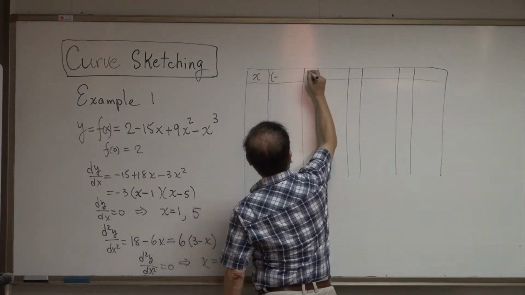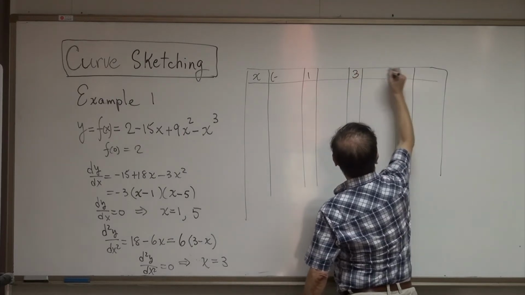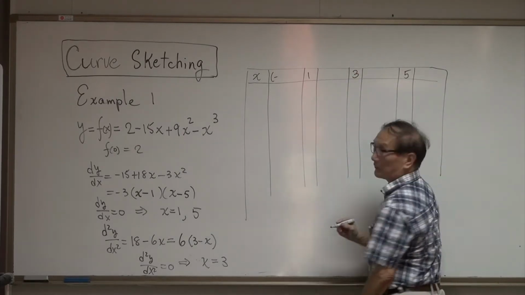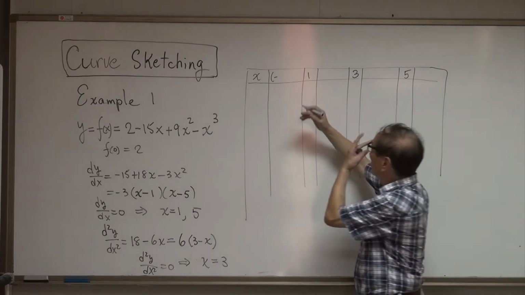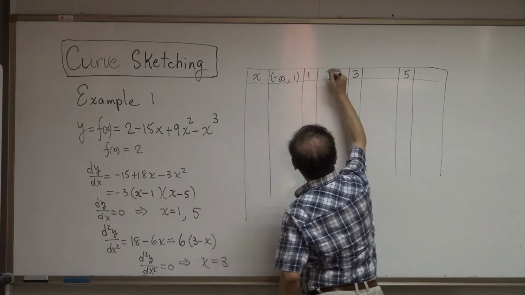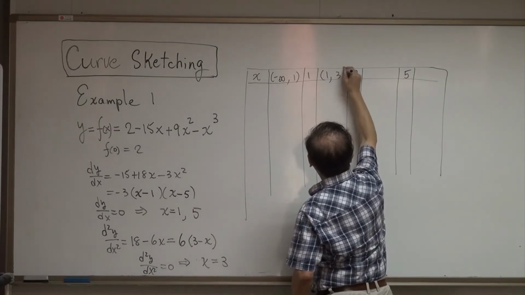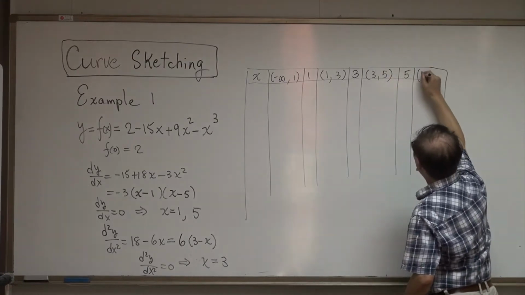This is 1, 3, 5. These are 3 critical points, and divide the whole interval into 4 subintervals: from minus infinity to 1, from 1 to 3, from 3 to 5, and from 5 to infinity.